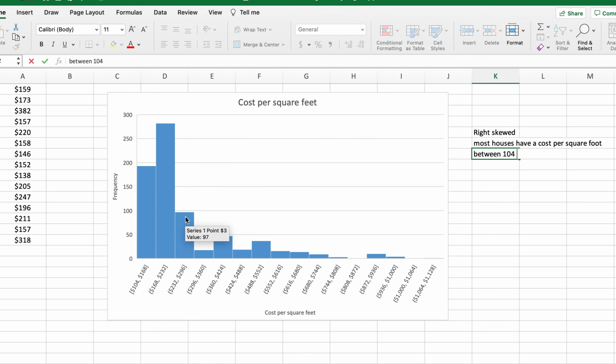I'm going to say most of them are in these first two categories, between 104 and 232, the largest there.